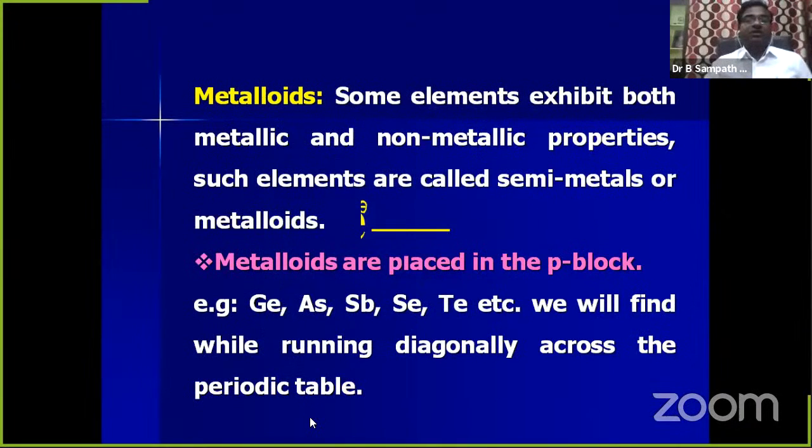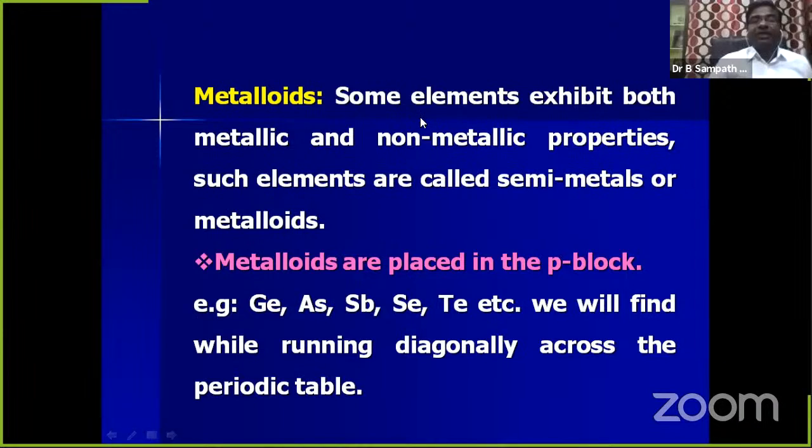Next, metalloids. Some elements exhibit both metallic and non-metallic properties. Such elements are called semi-metals or metalloids. See children, here we have seen the metals and non-metals.